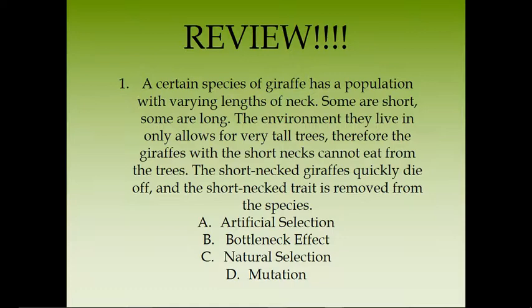Is it A, artificial selection, B, bottleneck effect, C, natural selection, or D, mutation? I'll give you a few seconds to pause the video and think about this one. If you chose C, natural selection, you'd be correct.